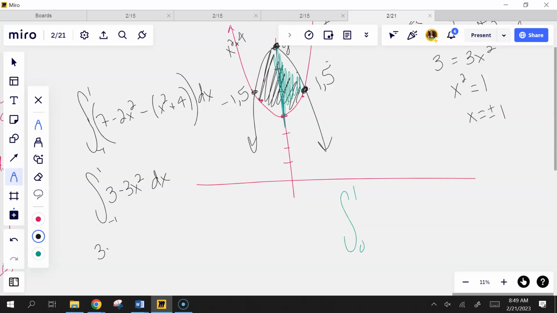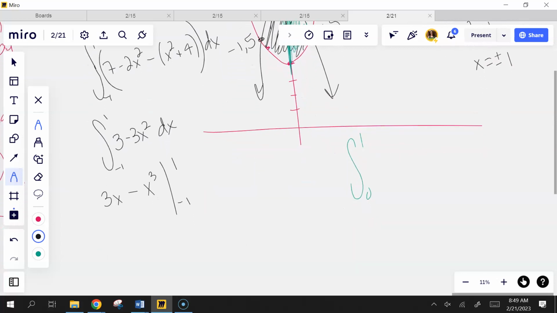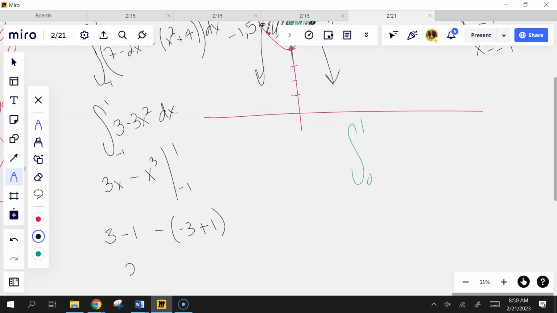This will be 3x minus x to the third from -1 to 1. I got 4.